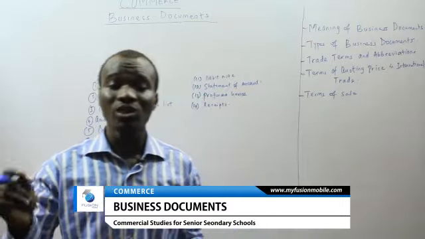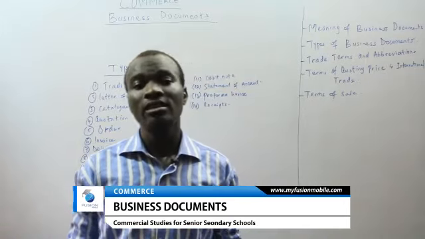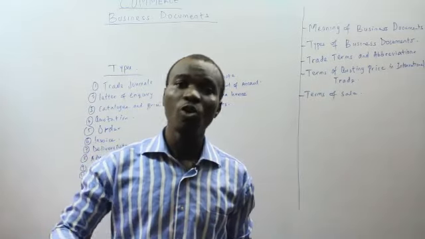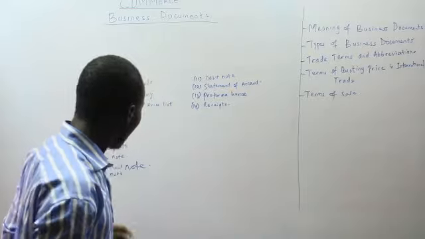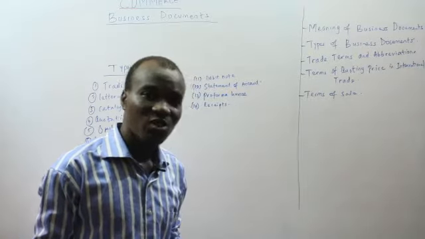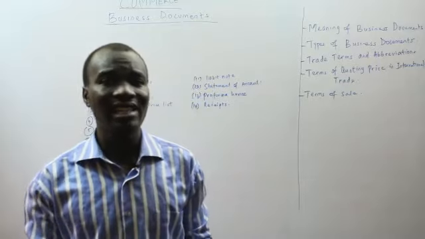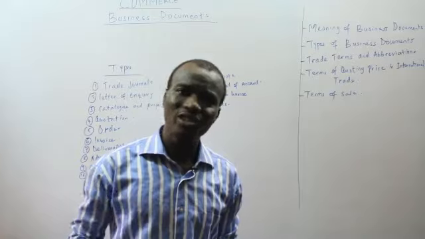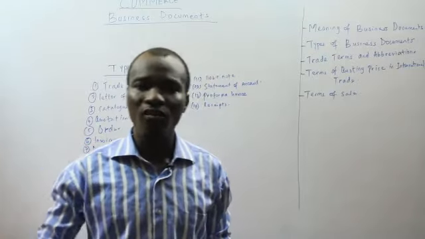To have a reduction in the amount of money owed by the buyer. So when talking about the credit note, it is used to correct an overcharge in the invoice. Whenever there is an overcharge on the amount owed by the buyer, what happens? A credit note will be issued to reduce the indebtedness of the buyer.